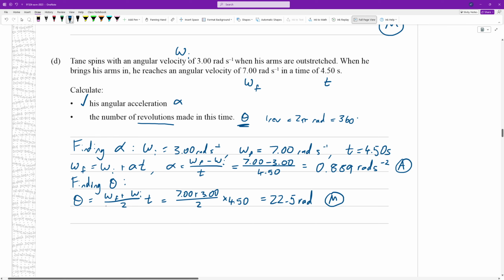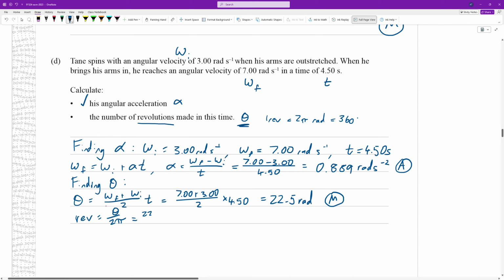Right? Because we haven't quite answered the last point. We need to find the number of revolutions. So to get revolutions, it's the angular displacement, divided by 2 pi. Or it would be divided by 360 if this answer was in degrees.